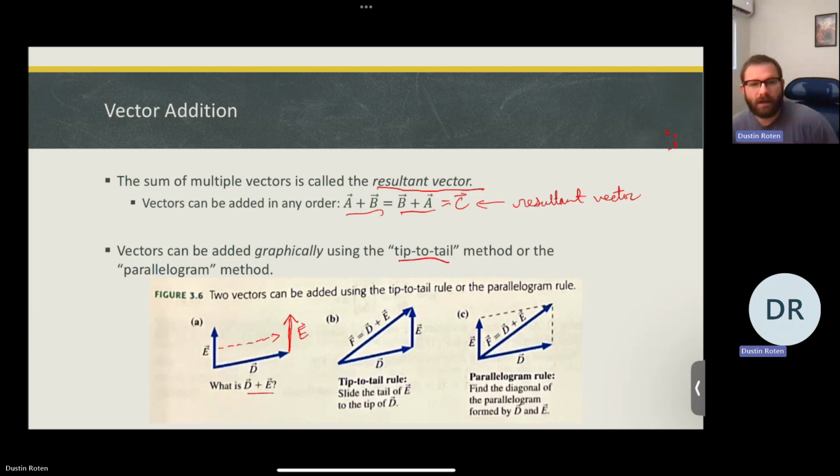Okay, so we're essentially making a vector conga line here. Once you do that, all you have to do is connect it with your resultant vector, which is also going to come from the origin. If this was our origin, that's where both vectors started. Our resultant vector just points to this new position.